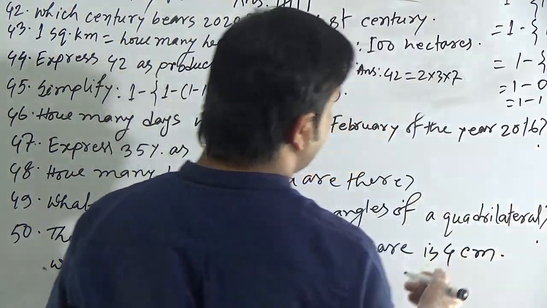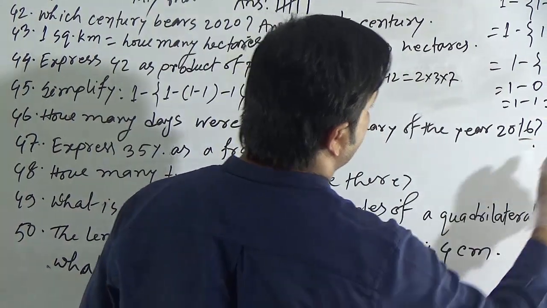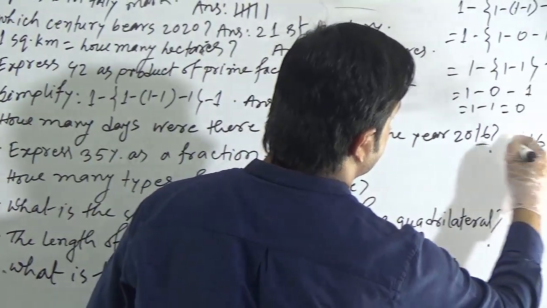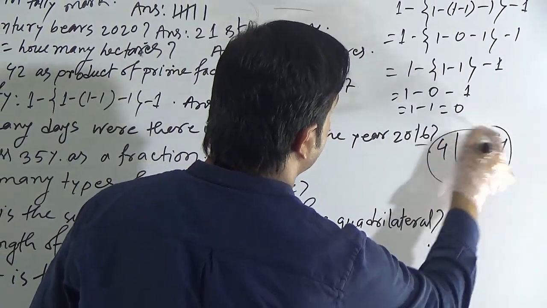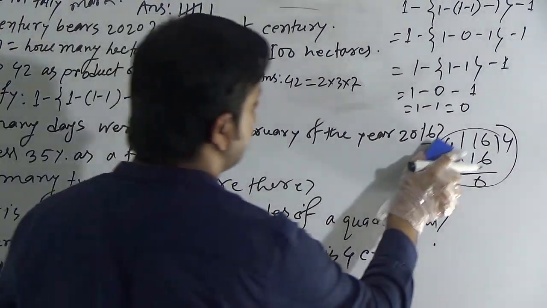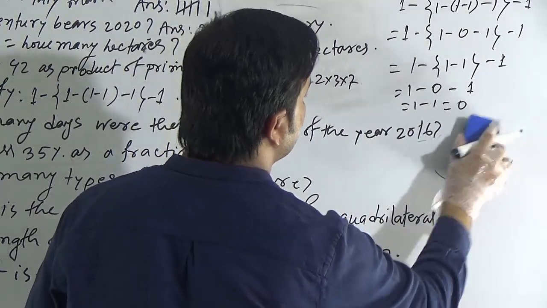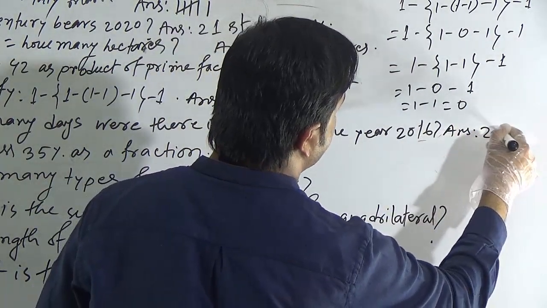It will be divisible by 4 if the number formed by the last 2 digits is divisible by 4, as 16 is divisible by 4. So the number 2016 is divisible by 4. So this is a leap year. So February will contain 29 days. So the answer of this question will be 29 days.